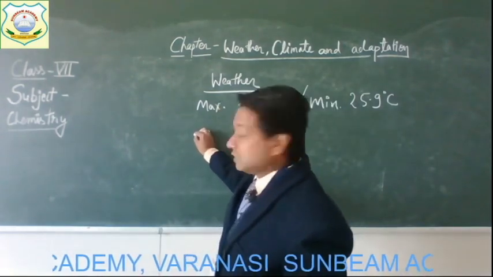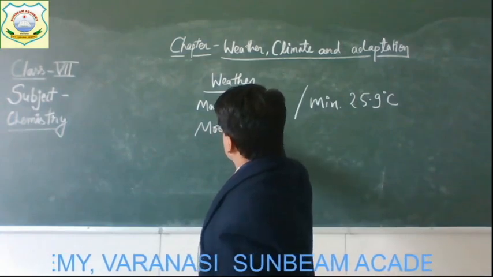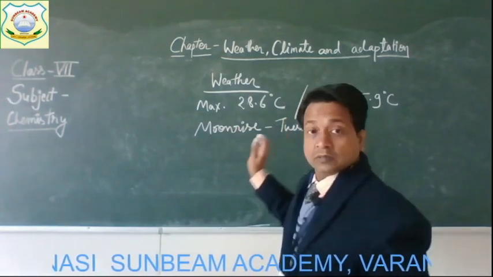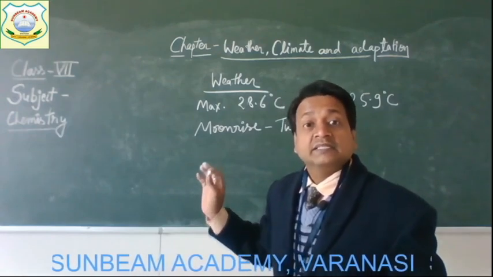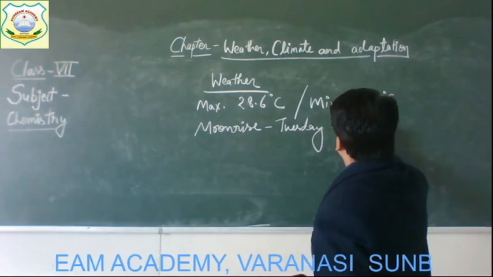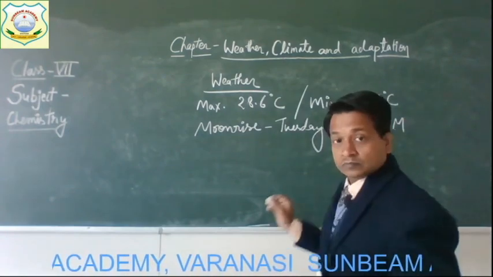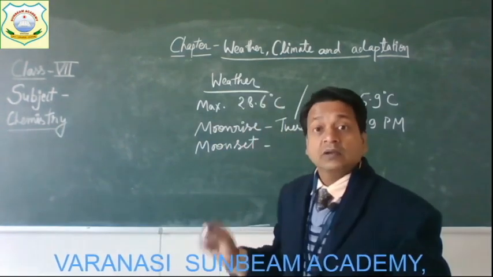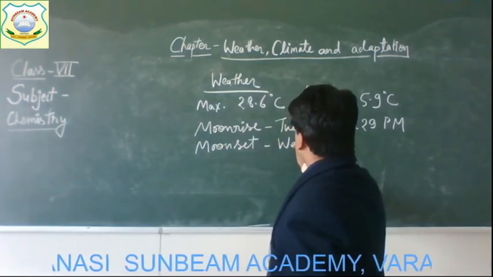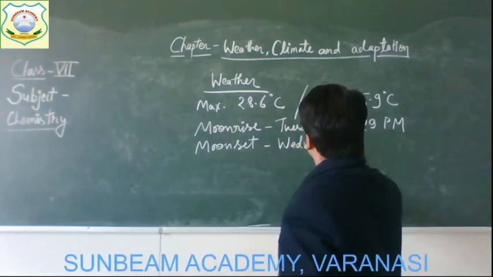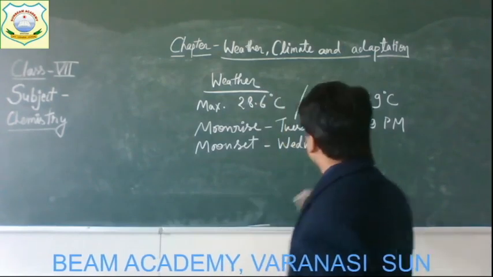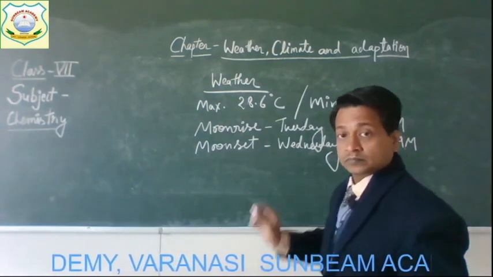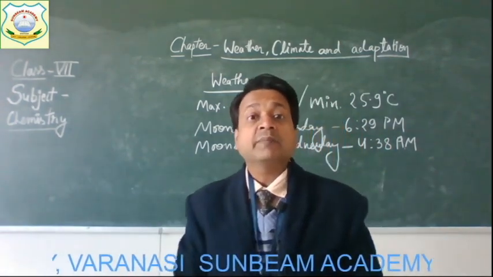The next information is given as moonrise. Say on Tuesday the moonrise will be at 6:29 p.m., and the moonset on Wednesday at 4:38 p.m. Okay, the next information is about the sun.